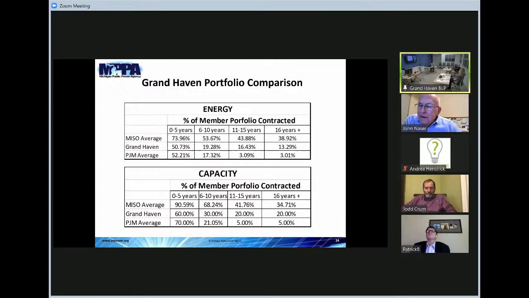Now, what we're saying is blend some of those long-term purchases from specific assets with shorter-term purchases from the market. But out past 5 years, there are no generic market purchases. Those are purchases from specific assets that we have signed longer term, which is a known quantity.